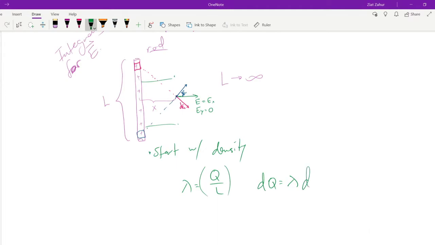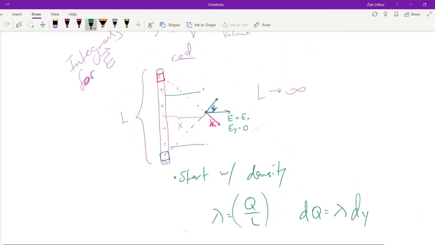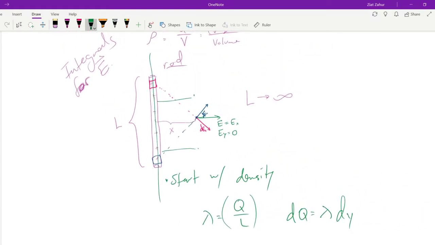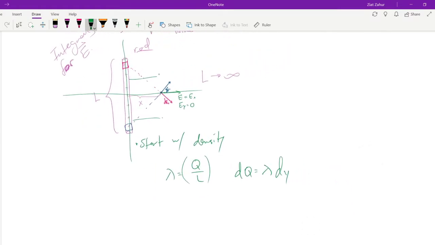Since the rod is along the y-axis at the origin, why not just use dy? So each infinitesimal amount is a dy amount. What are our bounds? We're going from negative L over 2 to positive L over 2.